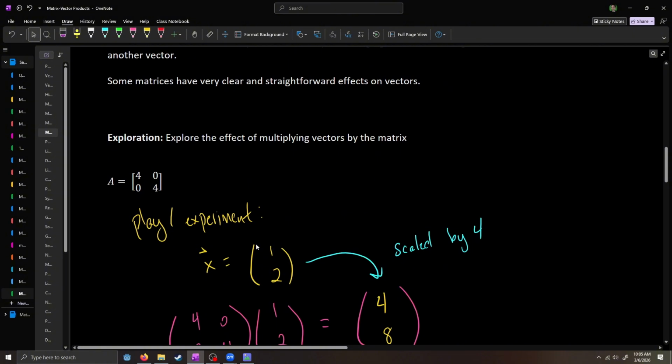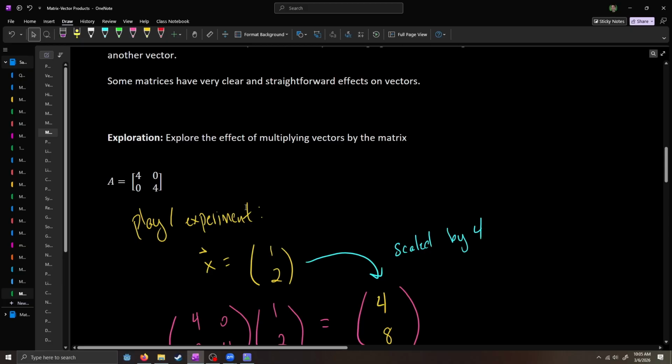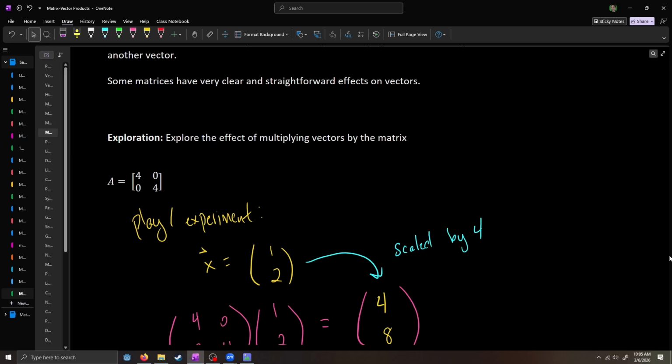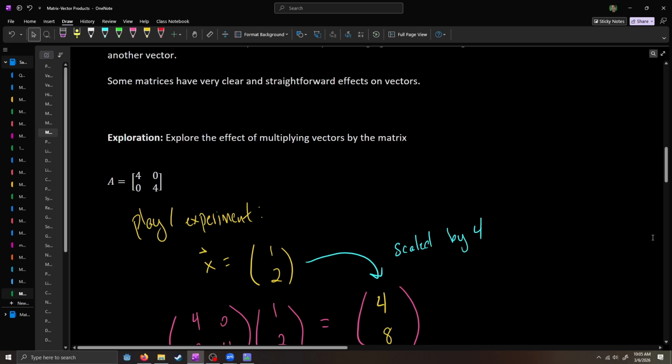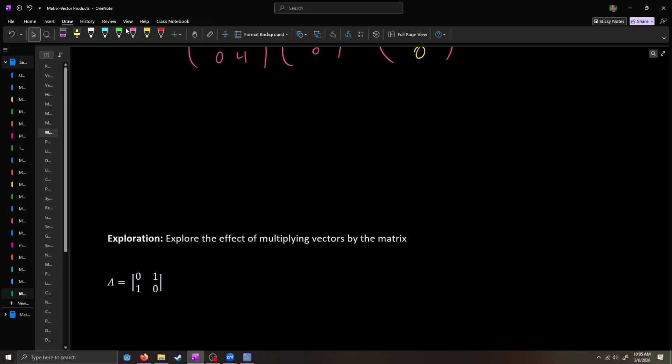Based on the results of my experiment, what I would describe in terms of the effect of multiplying by this matrix A is that A has the effect of transforming vectors by scaling them by a factor of 4 and making them 4 times larger than what they were before.